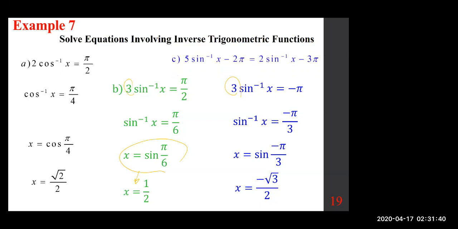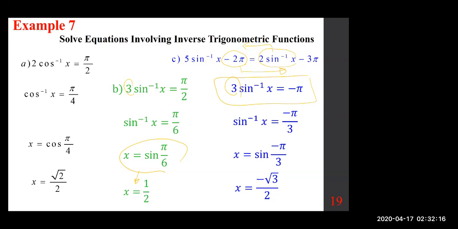By the way, class, this was the equation. You have to move things around. That means this is moving that way, this is moving that way, and now we get to this equation. I hope you see that there is a step missing. So first, the question that we need to see is 5 sine inverse x minus 2 pi equals 2 sine inverse x minus 3 pi.